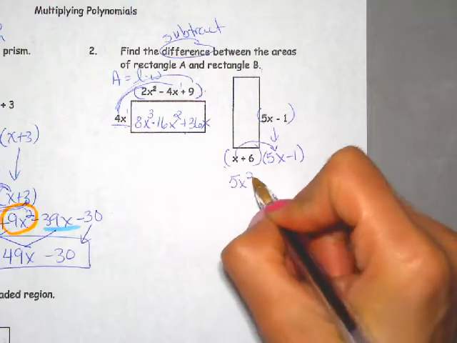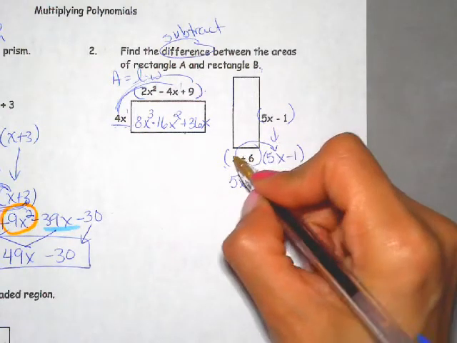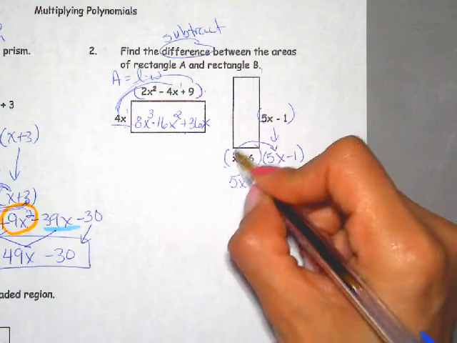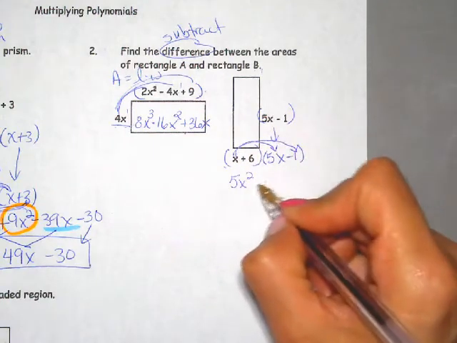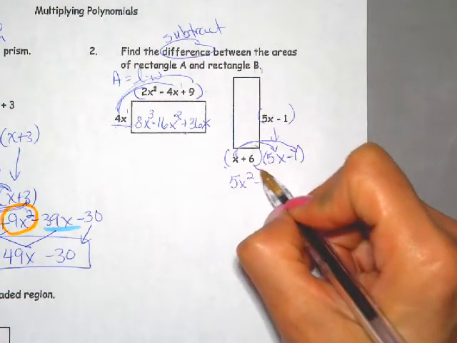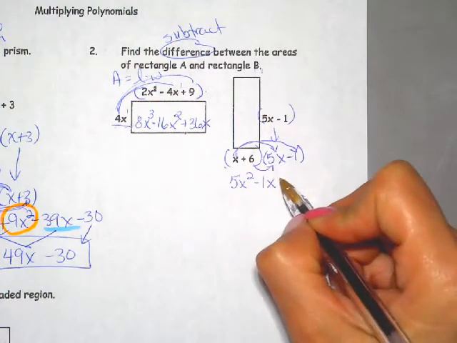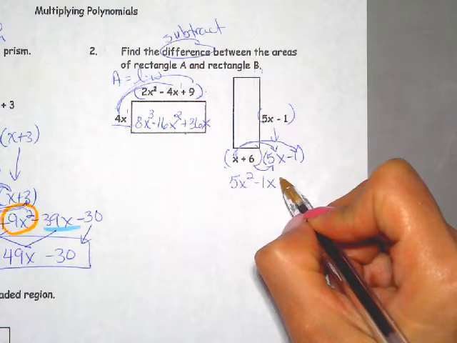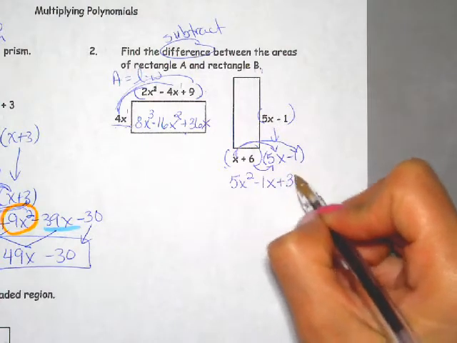Very good. Victoria, x times negative 1. Negative 1x. Jonah, 6 times 5x. Negative or positive? Yeah. So positive 30x.